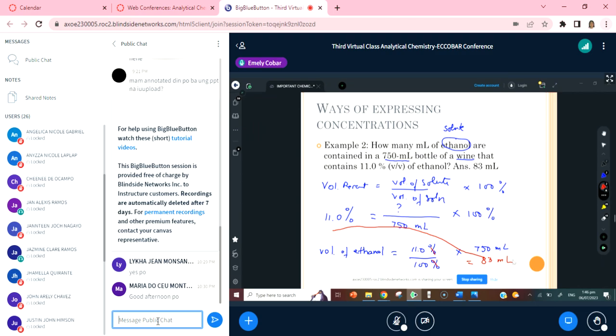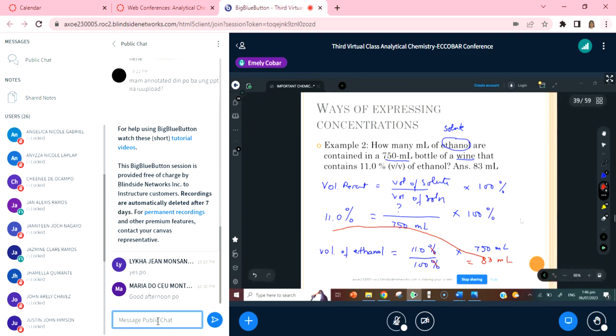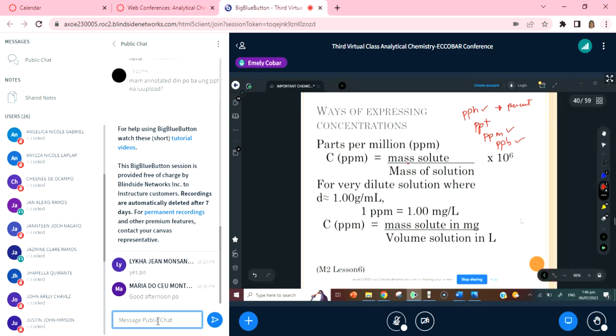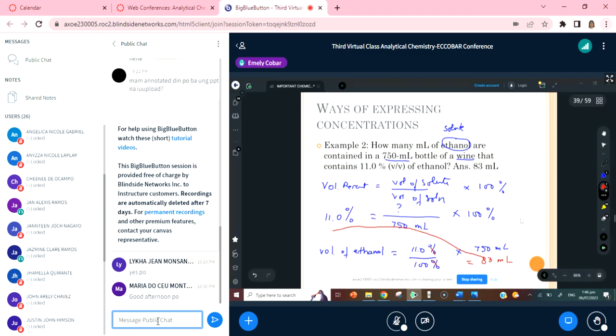Merong ganyan na ano ha? Titingnan niyo maigi. Merong ganito yung formative quiz doon sa M2 Lesson 1. Okay. So, may question ba about mass percent, volume percent? Okay, halos parehas lang naman yung formula na gagamitin. Okay? Hello?